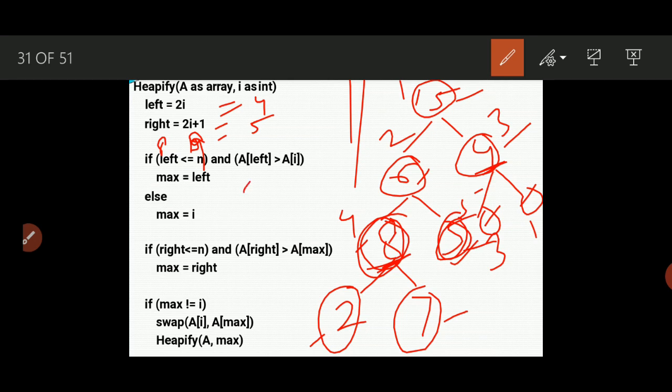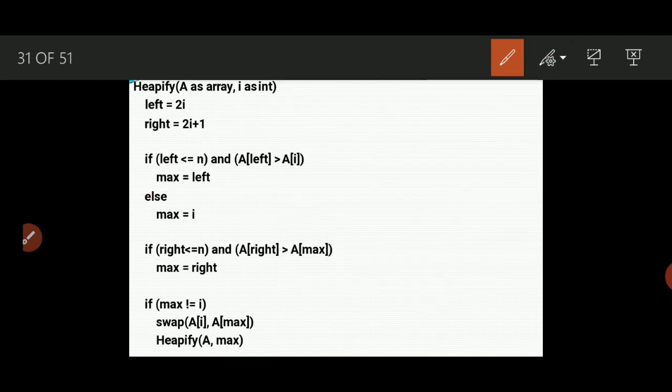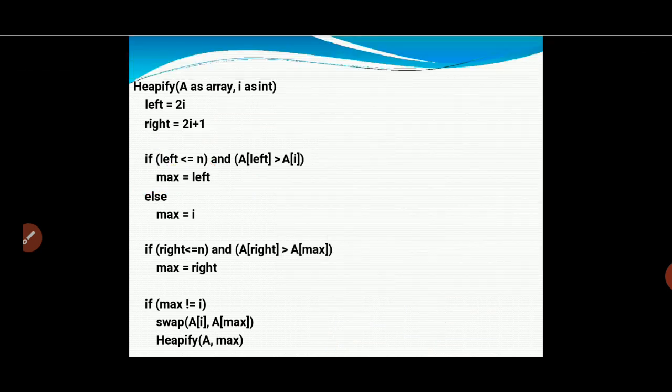And if A of left, this is 8, is greater than A of i, and i is 2, A of 2 is 6, this is also okay. Then max is left, that means we have to swap these values. That is one condition to heapify.